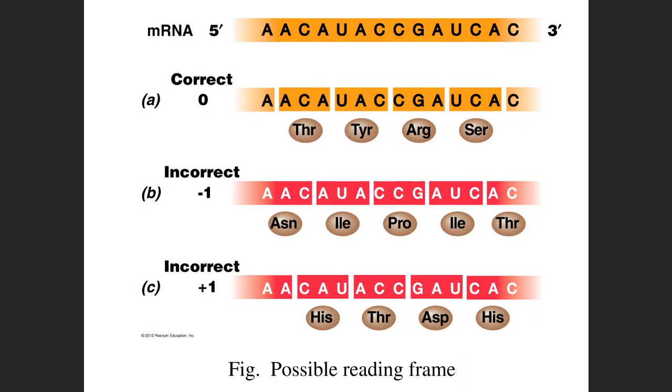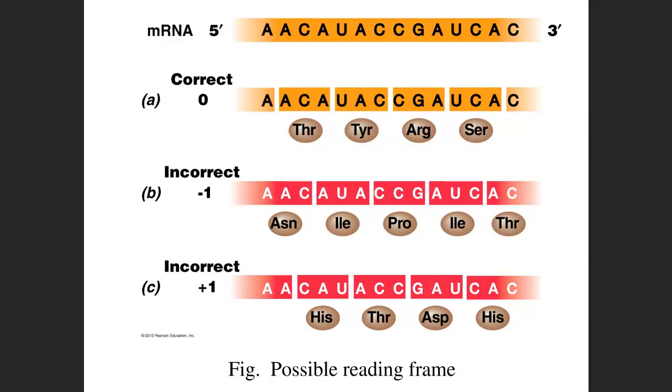If you go to the incorrect +1 frame, you also have a different set of amino acids, right? This is actually a very important concept. It's called the reading frame, and this determines how fast or how accurate the reading is going.